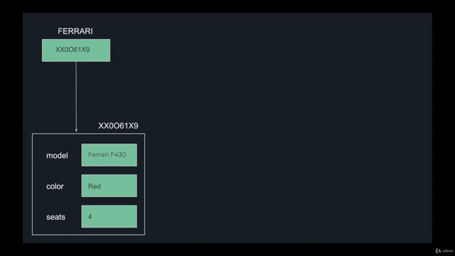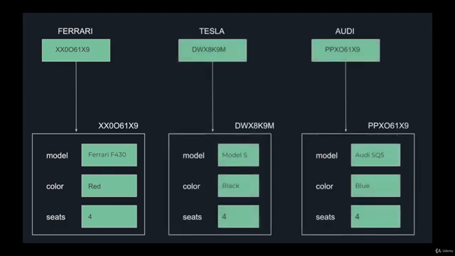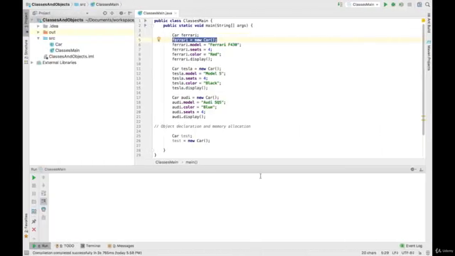And in a similar way it works for all the other objects. Like in the last lecture we created multiple objects of Tesla, Audi, and these reference variables were pointing to the corresponding memory blocks, and data was stored in those corresponding memory blocks. So this is how object creation in Java works. Whenever you declare an object, a reference variable is created in memory, and when you use the new operator, memory is actually allocated to that particular object.